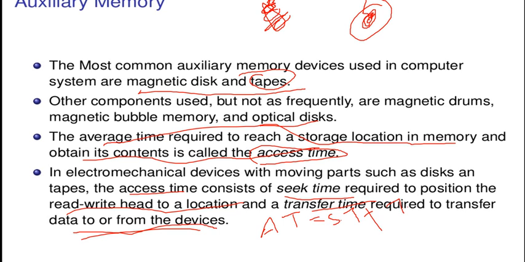Transfer time means transferring that data to the device that needs that data, and seek time means the head should be pointing to that particular sector of the data. So this is the total access time.